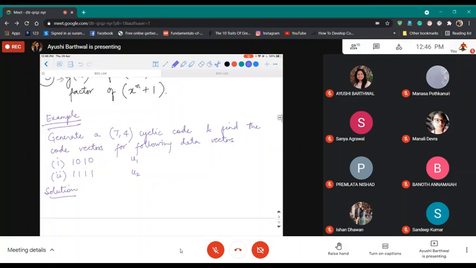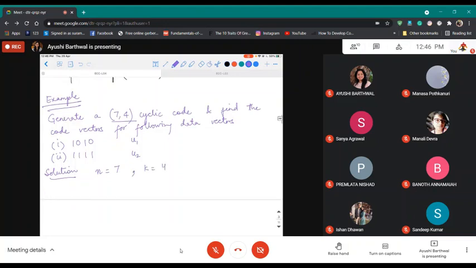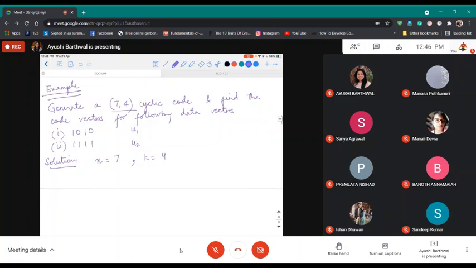From the numerical we can see that it is a (7,4) cyclic code, so n would be equal to 7 and k would be equal to 4. So g(x) will be a factor of x raised to the power n plus 1, which is x raised to the power 7 plus 1.